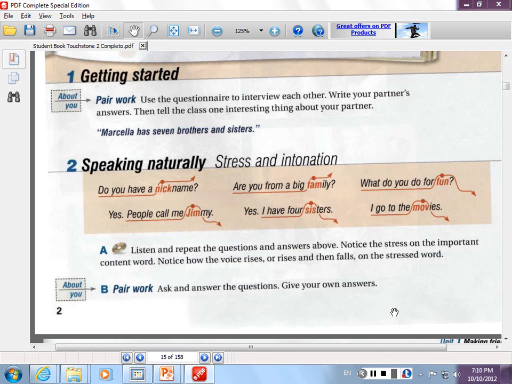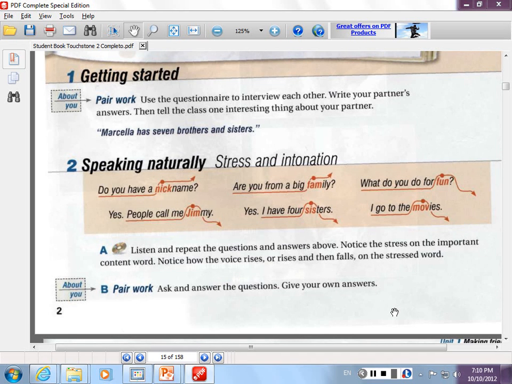So stress and intonation. What does it mean? Let's start with the example, and with the examples you will know. If you look at the sentences that we have, 6 sentences, some of the words are in orange. بعض الكلمات هي ملونة. If you think for a second why they are in orange, لماذا هي ملونة بلون مختلف?